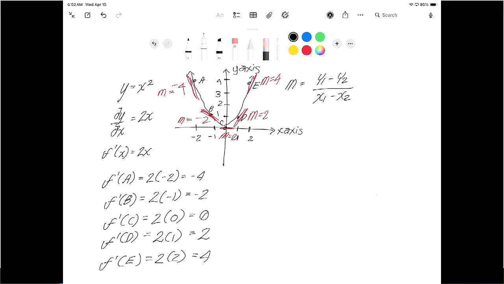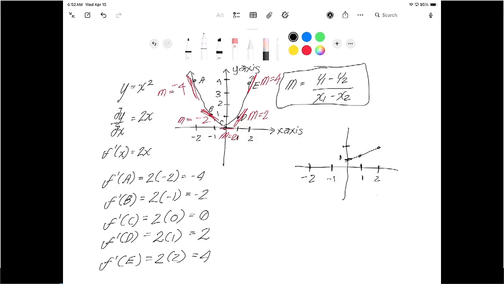So we can only use this equation right here for a line. So let's do a typical line. Let's say we have a line that goes through 1, 1 and 2, 2 as such.